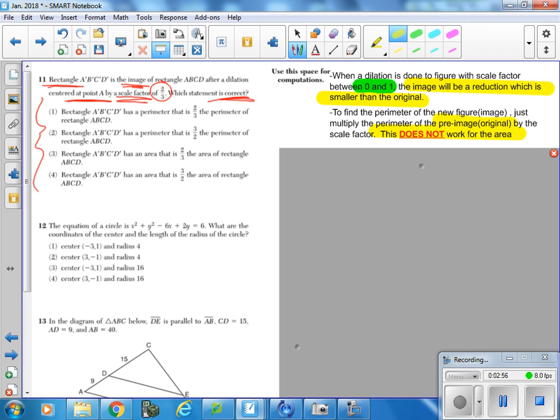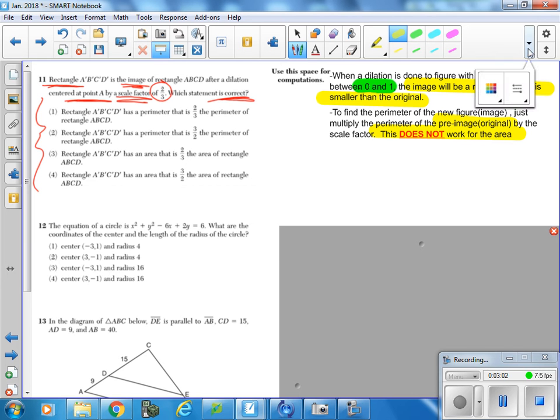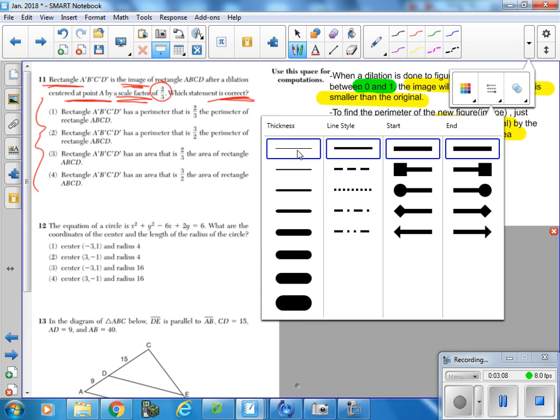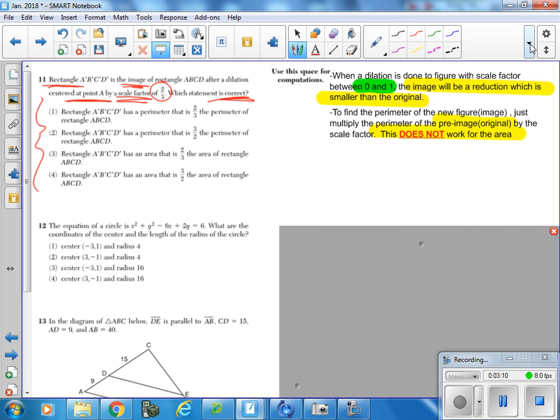We're going to do a little example of showing why. Why does this not work for area? And it's always good for me to actually draw an example. That just helps me out. So I'm going to draw a rectangle, an original, or a pre-image.